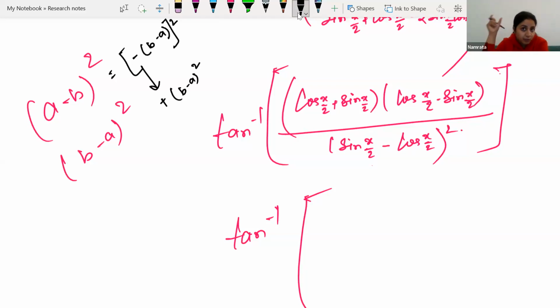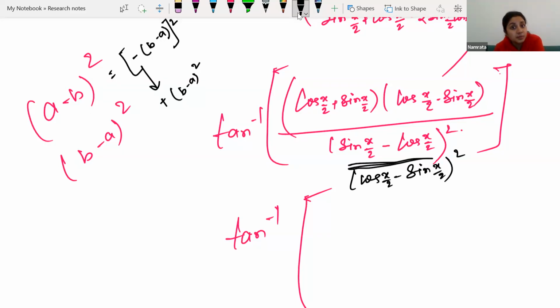So due to the power 2, they are the same thing. By expanding any one of them, you get a square and b square positive and 2ab negative.